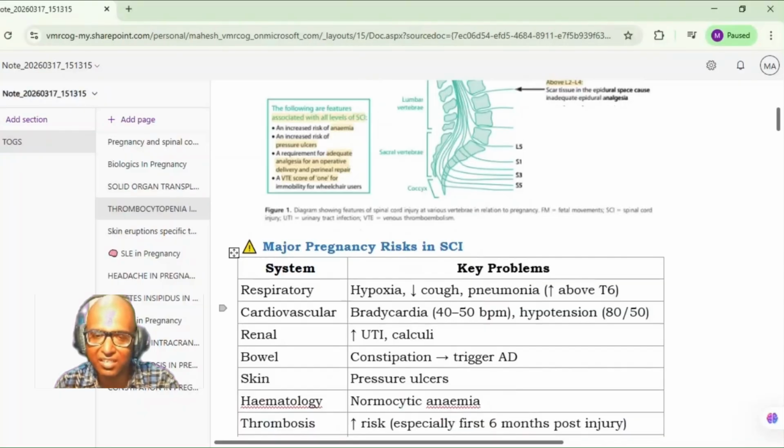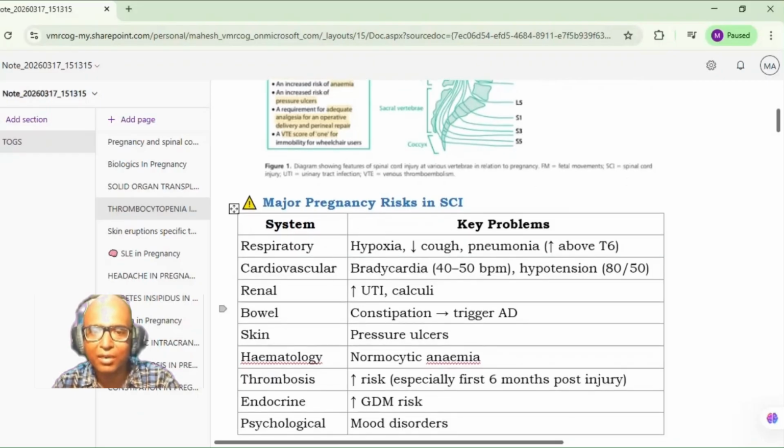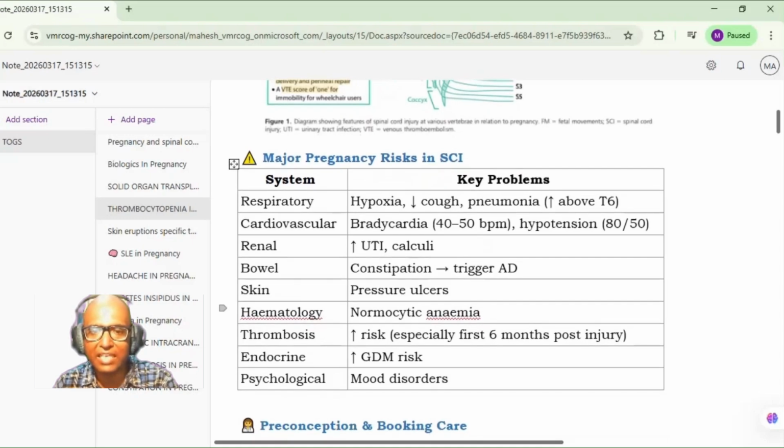Renal: increased chances of UTI and calculi. Bowel: constipation, and this constipation can trigger autonomic dysreflexia. Skin: chances of pressure ulcers. Hematology: normocytic anemia. Thrombosis: increased risk, especially for 6 months post injury. Endocrine: increased GDM risk, and psychological mood disorders are known to happen.